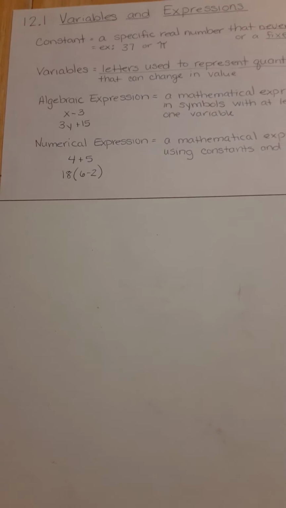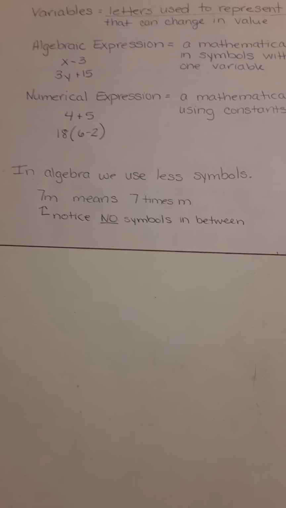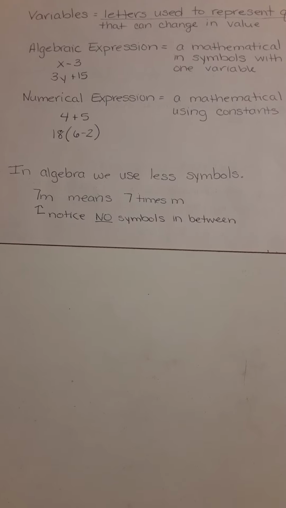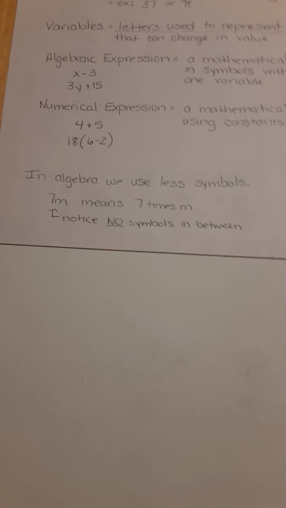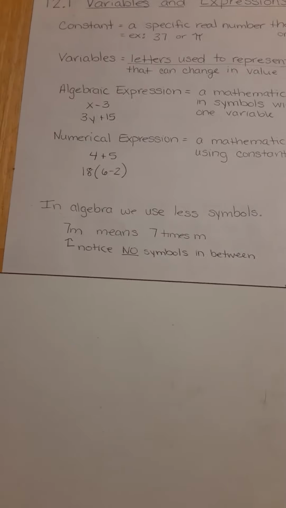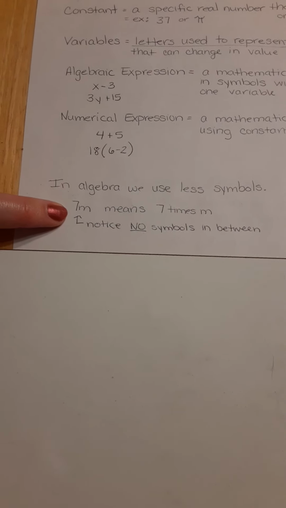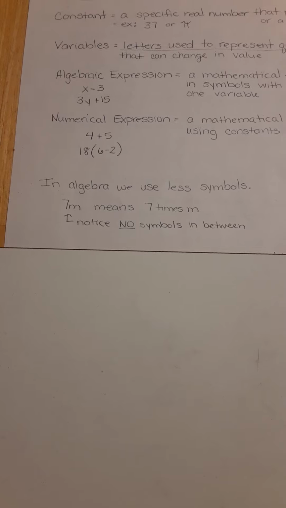And so we try, in a sense, to save space and keep it uniform so that you know what the different symbols mean, okay? Because in elementary, you're used to using an X for multiplication. Well, that can get very confusing when we're using variable X. So we try to keep things simplified. So when we put numbers side by side here, that means multiplication.